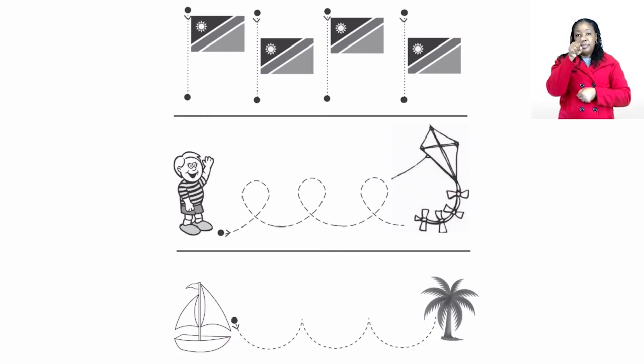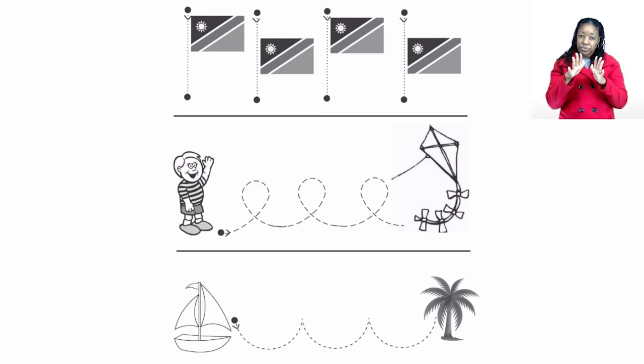We go up, round, down and back, up, down, round and back until we get to where the kite is. Now connect those dots neatly as much as you can with your pencil or your color pencil.